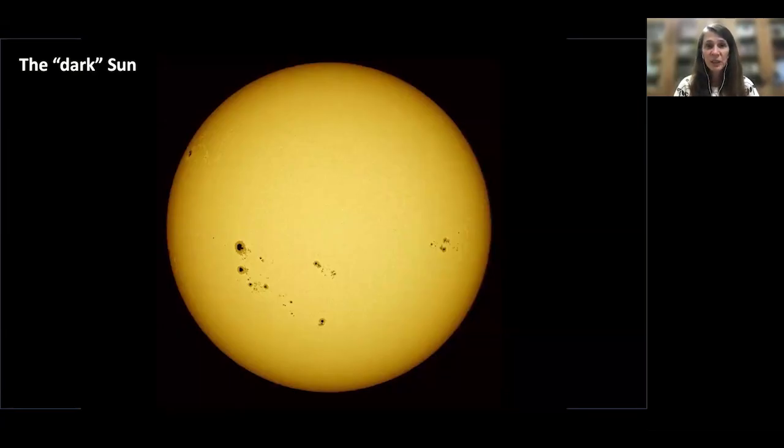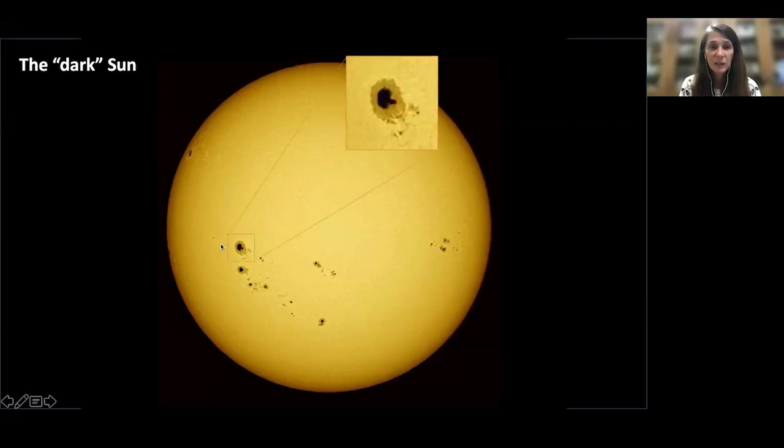But this is actually a misconception, because when we observe the sun, we do not obtain light from the whole surface. We are interested in very small details of the solar surface. So here is the sun, okay, and we are interested in something which is, for example, this sunspot.